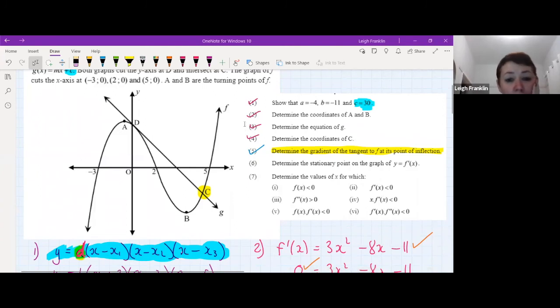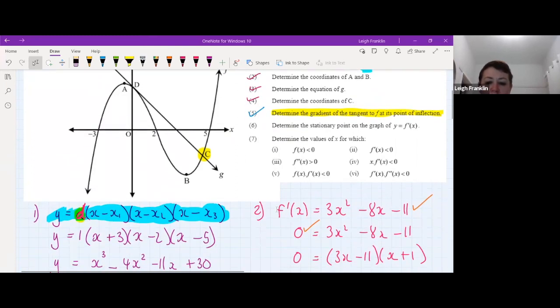It's the graph of the first derivative. So the first derivative is 3x squared minus 8x minus 11, isn't it? So what is the graph of the first derivative? Yes, exactly. The graph of the first derivative is a parabola. 100%. The graph of the first derivative of a cubic function is a parabola.